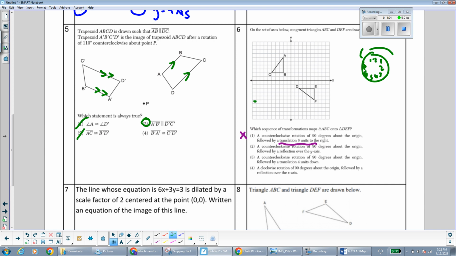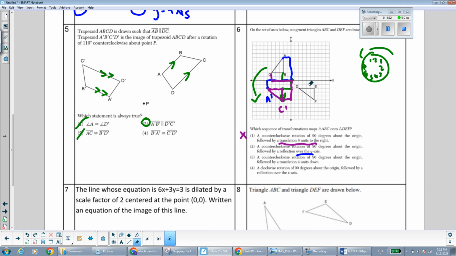Number 2. Oh, I shouldn't have erased that because it's the same rotation. The only difference is after the counterclockwise 90-degree rotation, this one has a reflection over the y-axis. So if I reflect over the y-axis, 1, 2, 3, 4, 1, 2, 3, 4. Oh, I miscounted.